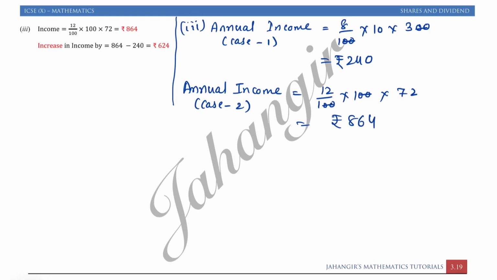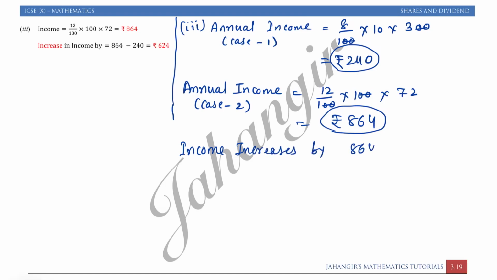Now, looking at the annual income, we can say annual income increases by rupees 864 minus 240, which is equal to rupees 624. So hope you have understood this pattern question.